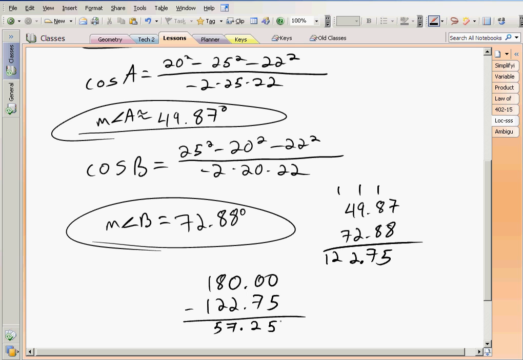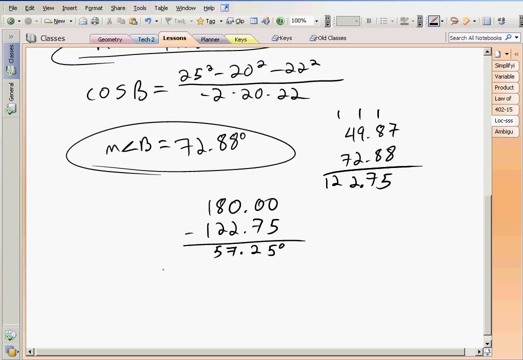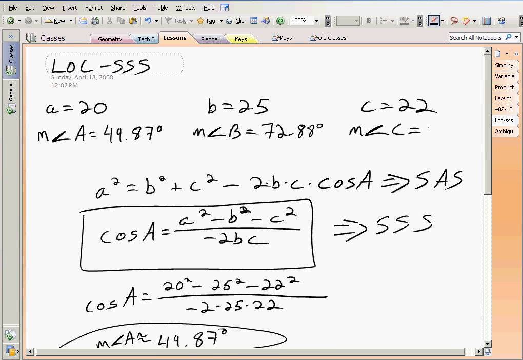And I get 57.25 degrees. So that's the measure of angle C, or the approximate measure of angle C. 57.25 degrees. And I've solved the triangle.